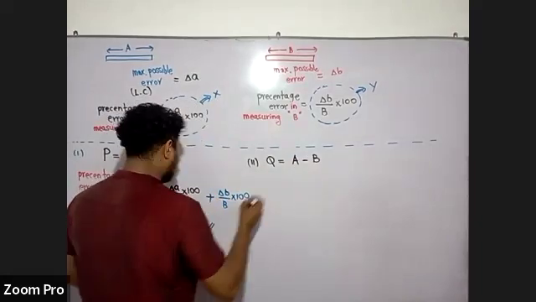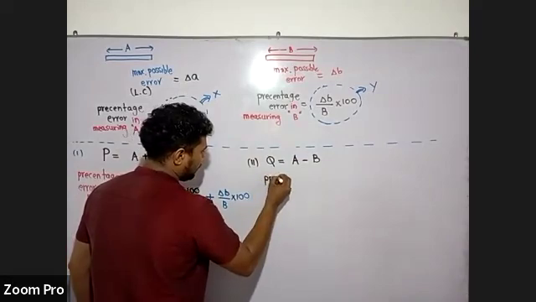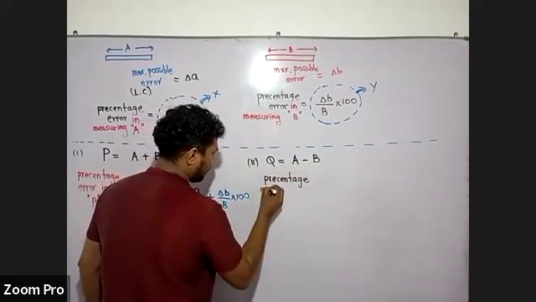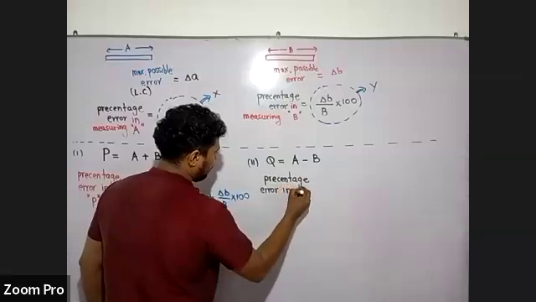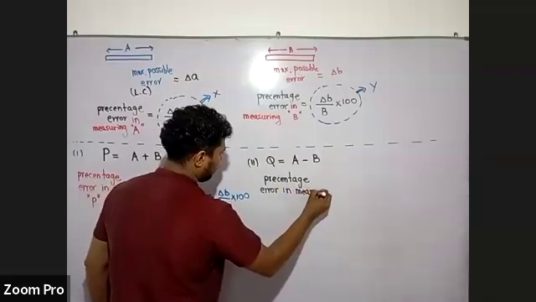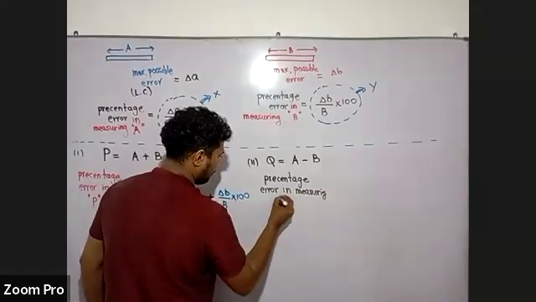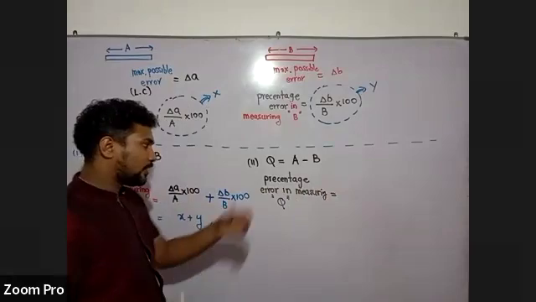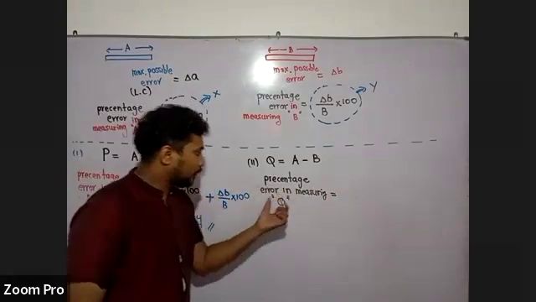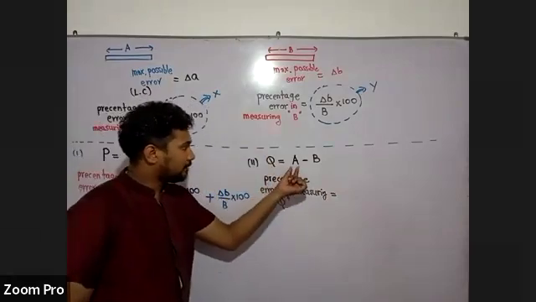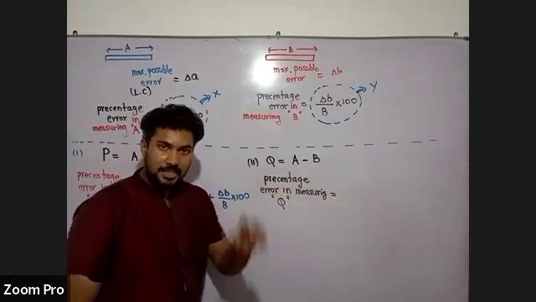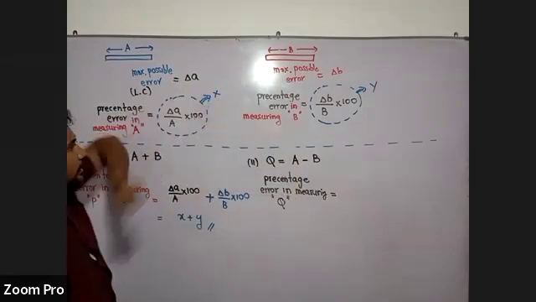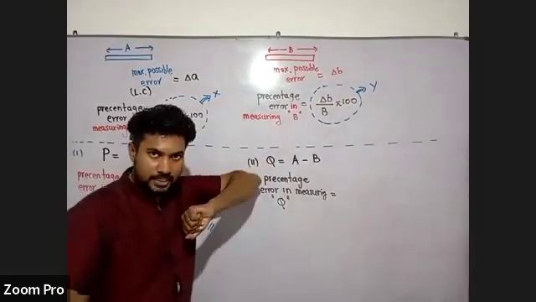So let's assume the percentage error in measuring Q. Now, when we come to the percentage error when measuring Q, Q is obtained by considering the difference between A and B, right? Even now, we know that when measuring A, this is the percentage error. When measuring B, this is the percentage error, right?